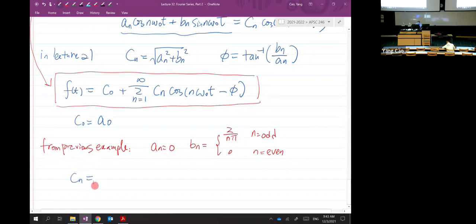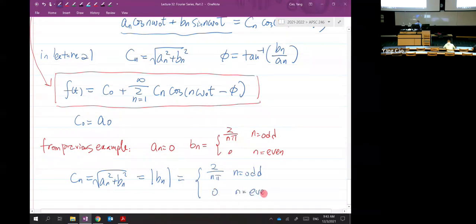So Cn equals the square root of an squared plus bn squared, and that equals the absolute value of bn. So Cn needs to be a positive number. So this is your bn, 2 over n pi when n is odd, 0 when n is even. That's your Cn value, which is essentially bn.